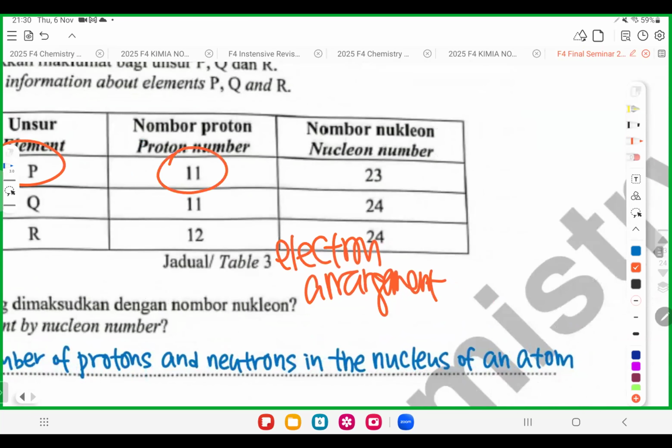So you have 11 protons, so you should have 11 electrons, which is 2,8,1. But if you write 2,8,1, no mark. Why? 2,8,1 is correct if the question asks you to write electron arrangement for atom P. If they want atom, then yes, the electron arrangement is 2,8,1.